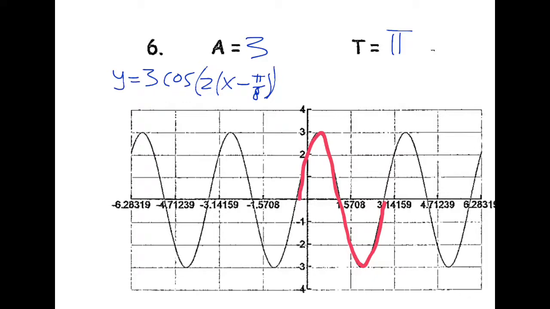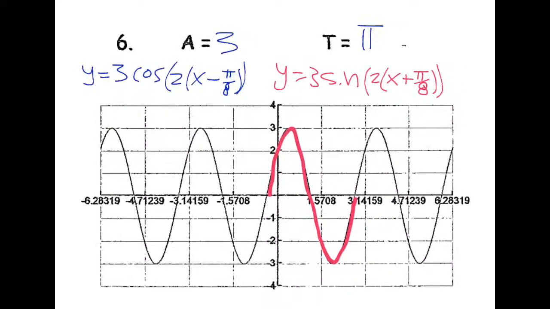So I'm going to write it as y equals 3 sine of 2 times x. And this time it's pi over 8 to the left, so 2x plus pi over 8. And there you have it, 2 totally acceptable answers for this graph.